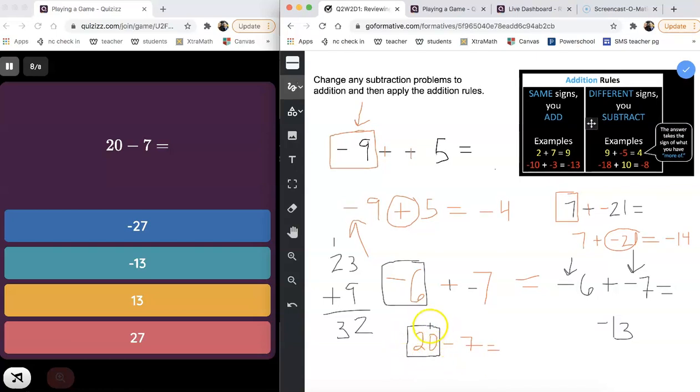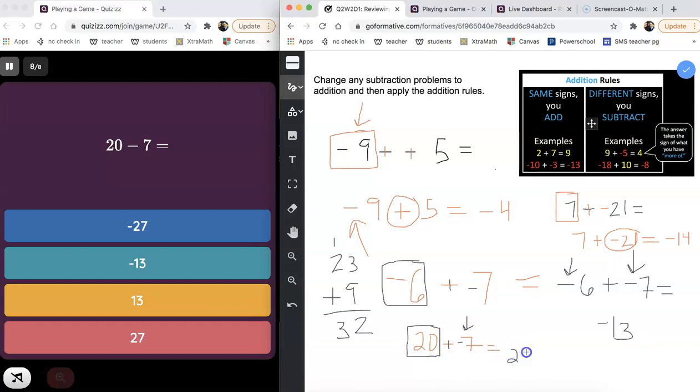So I boxed in the 20 to show that the first number doesn't change. What does change is I change the subtraction to addition, and I have to write the opposite of the second number. That's what a lot of people were forgetting on their work last week. So 2 changes. Make sure you have 2 changes. I changed the subtraction to addition, and I wrote the opposite of the 7.